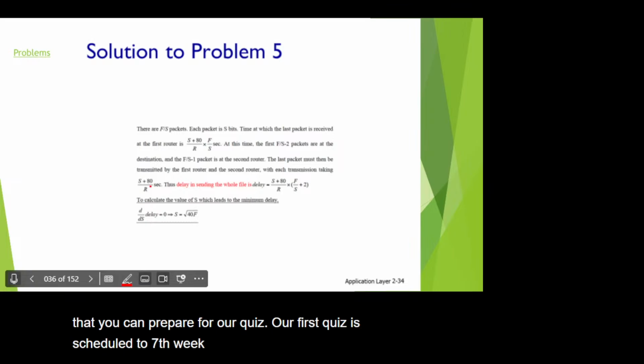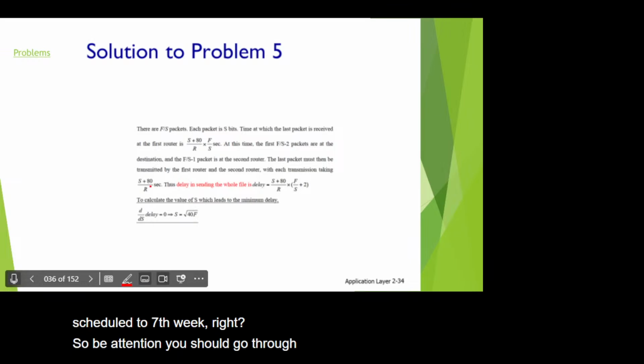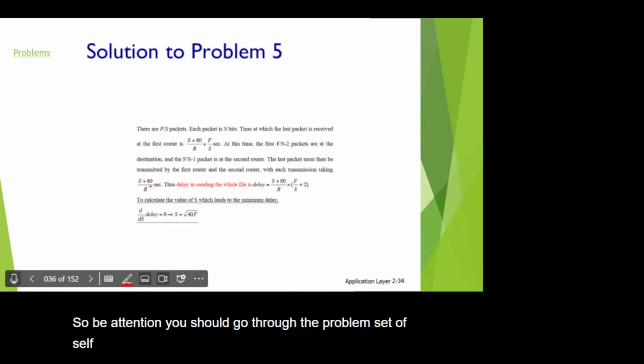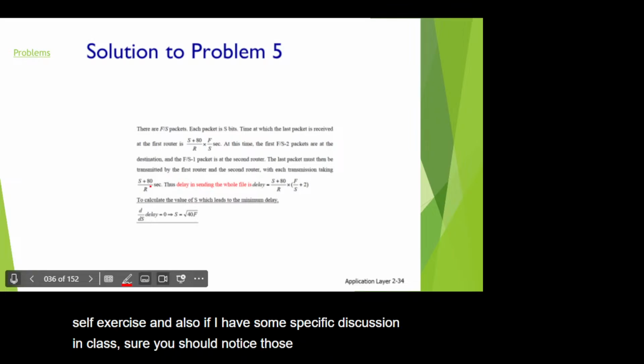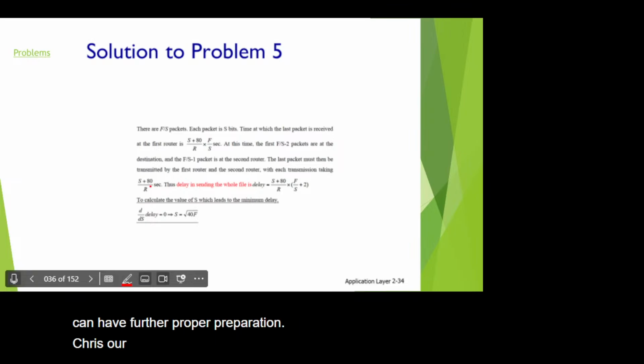So pay attention, you should go through the problem set of self-exercise. And also if I have some specific discussion in class, sure, you should notice those, so that you can have the proper preparation for our quiz. The first quiz is scheduled for the 7th week.